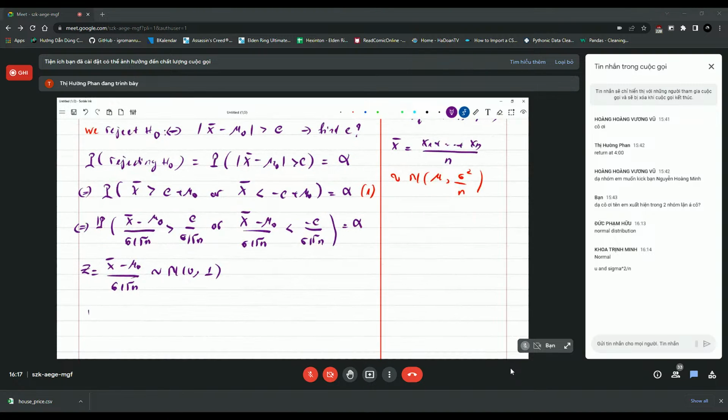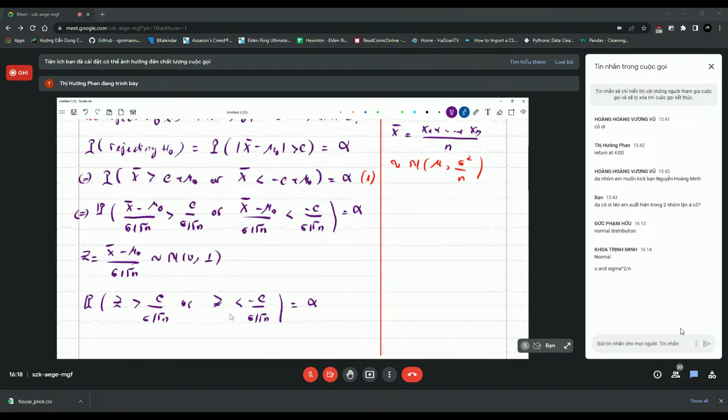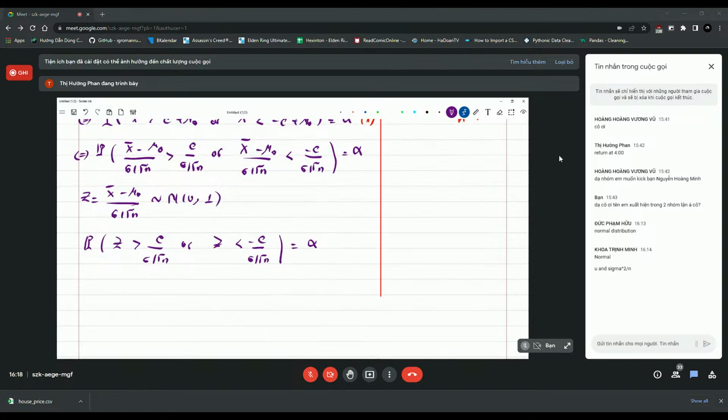We have the probability of Z greater than c over sigma square root of n, or Z less than minus c over sigma square root of n, equals alpha. Let this be equation 2. We want to look for the constant c.